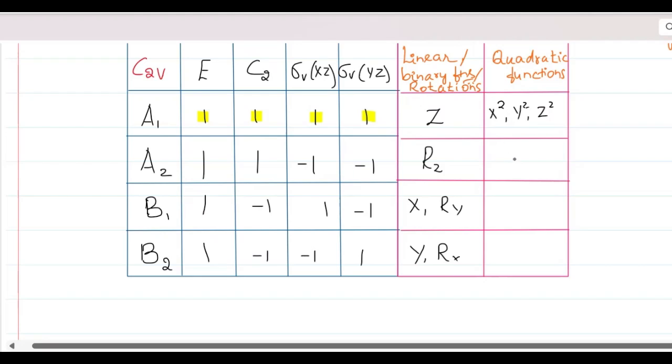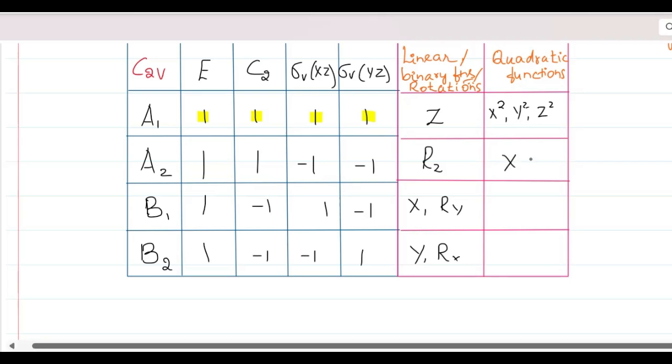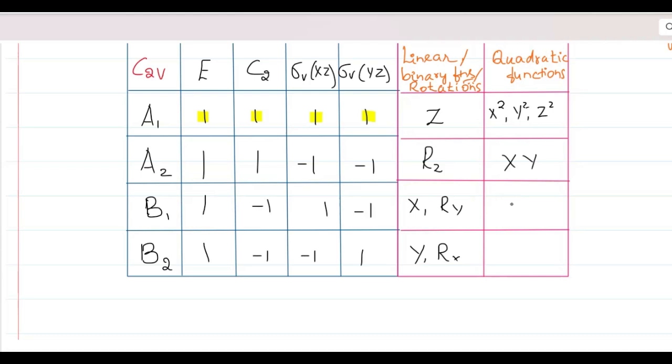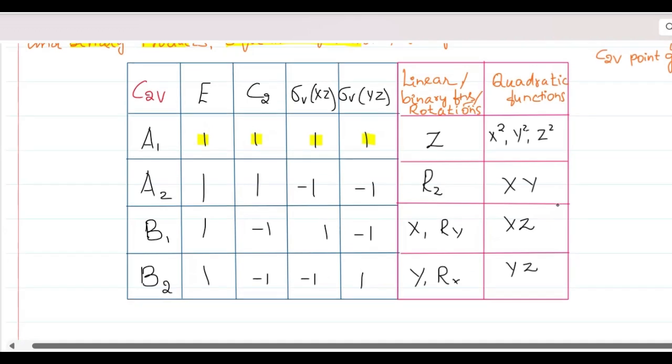These are all used when we go for applications, when we find the fundamental modes of vibrations, that is IR and Raman active modes, for which we will be using these linear functions and quadratic functions, variables xz, yz. So this is the character table for the C2v point group.